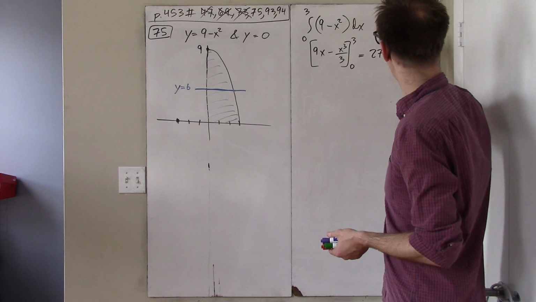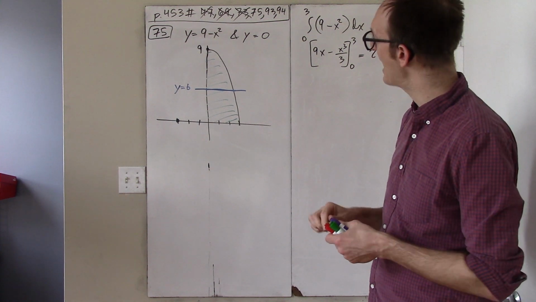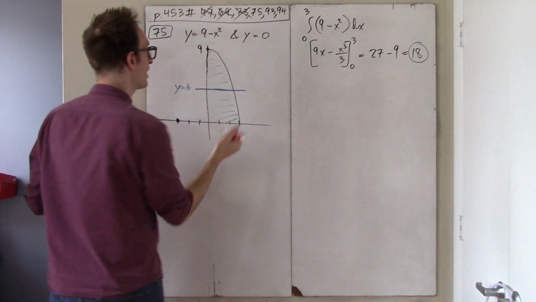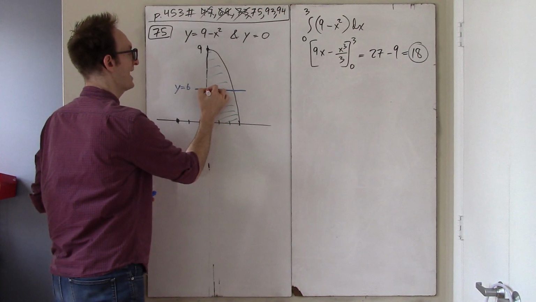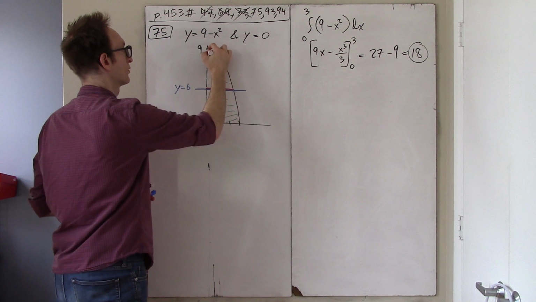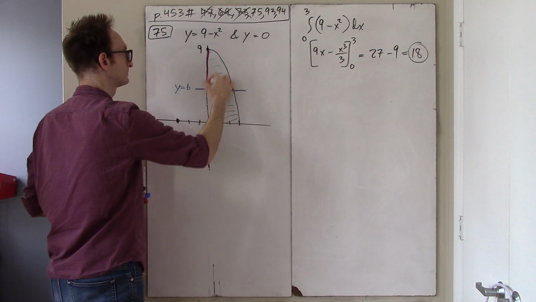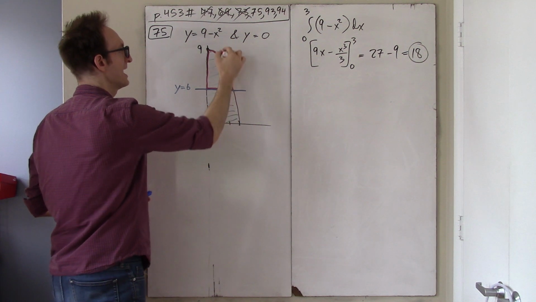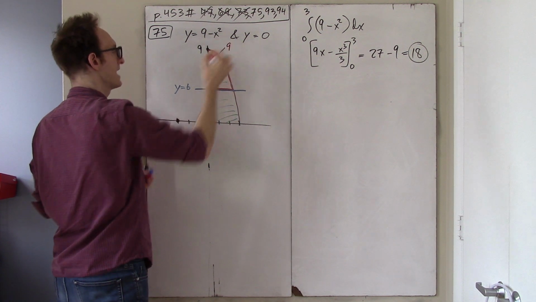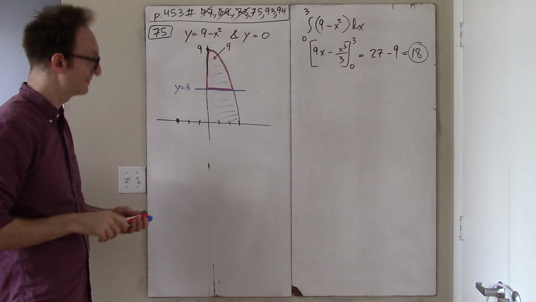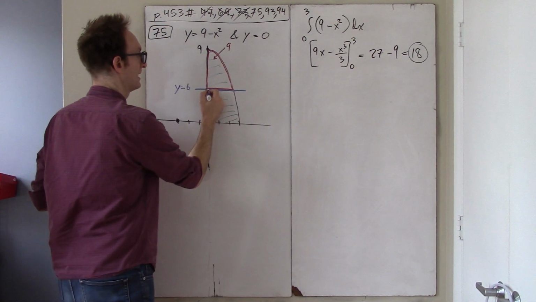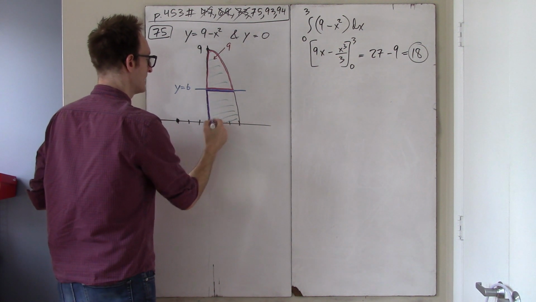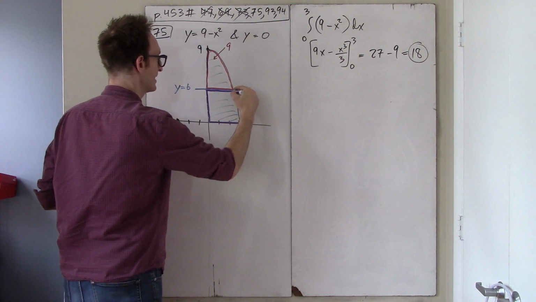Okay, so now, knowing that the half area is 9, I can simplify my life a little bit, and I basically can do one of two things. I need to find b such that this red region, which I'm outlining in red, has area 9, or alternatively, I could find b such that the region down here has area 9.